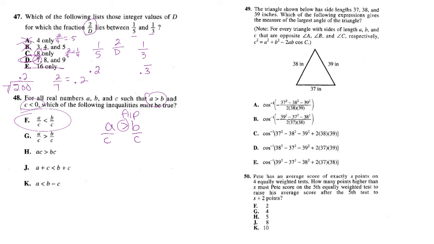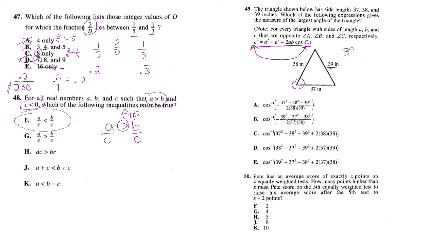Number 49 is going to be the law of cosines, and they've given you the formula here. And the big thing to remember with this is that side is across from that angle. So whenever we're solving for the largest angle, that's across from the longest side. So 39 squared is going to go out there.